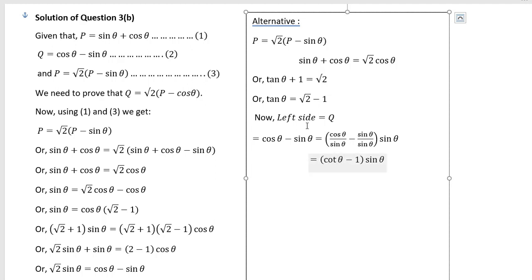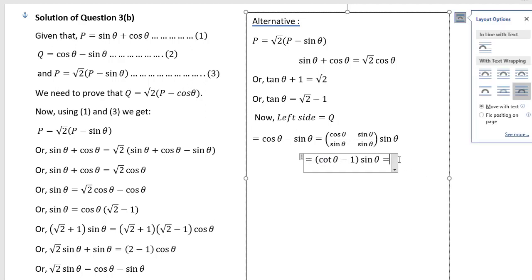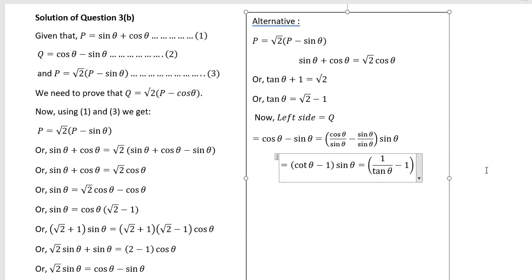Now we have to put the value of tan theta at the right side, in this expression somehow. But we have cot theta here, we don't have tan theta, so we will convert this cot theta into tan. We already know that cot theta is equal to 1 by tan theta, so we have converted cot theta into tan theta.